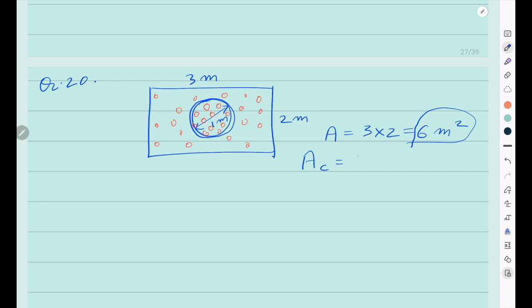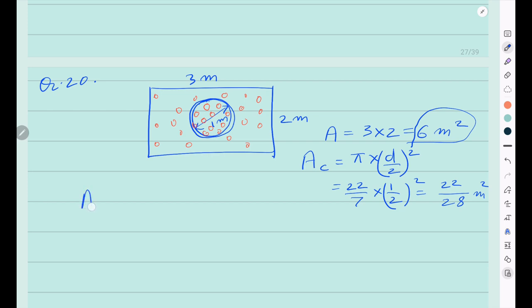You know that the area of the circle is pi times (d by 2) whole square. Let us take 22 by 7 as the value of pi, and then (1 by 2) square, that is 22 divided by 28 meter squared. So this is the area.